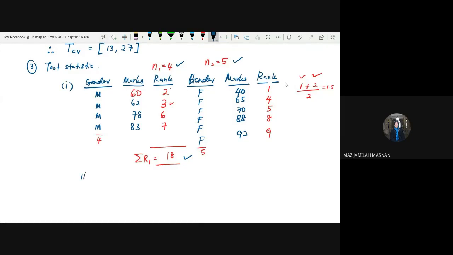The second step is identifying your n sample. The first one is the lowest value. n1 is equal to 4 because n1 is less than n2. Now the third one would be finding the T1 star.